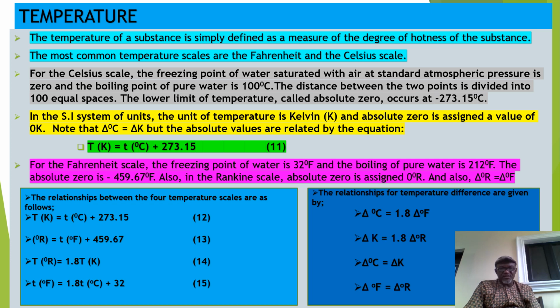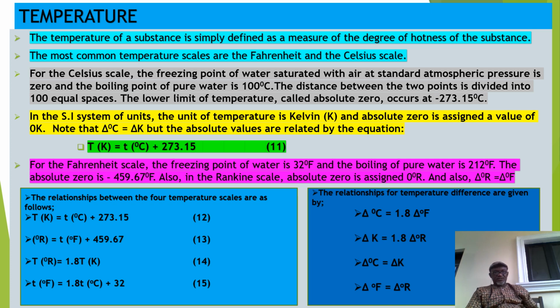But what will be important is equation 11, how we can convert to our absolute temperature. We can obtain our absolute temperature if we know the temperature in degrees Celsius. So T in Kelvin is equal to T in degrees C plus 273.15. Sometimes we also do this calculation with just 273, ignoring the 0.15.